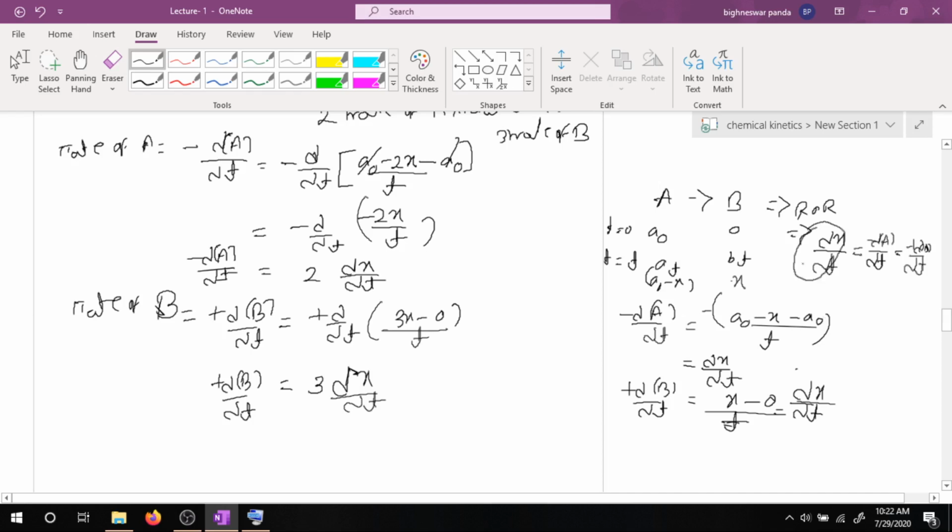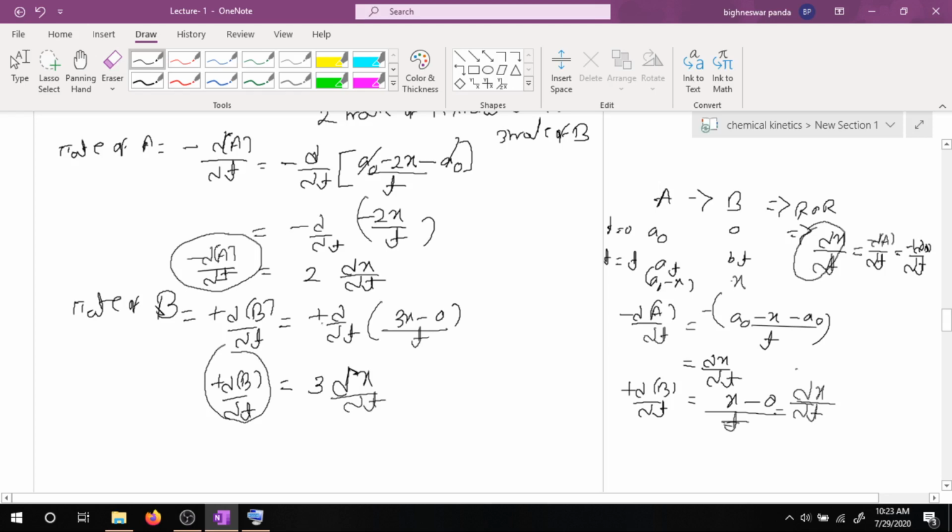So here rate of A equals rate of B, but here minus dA by dt and plus dB by dt, the rate here is 2 times the rate of reaction, here 3 times the rate of reaction.